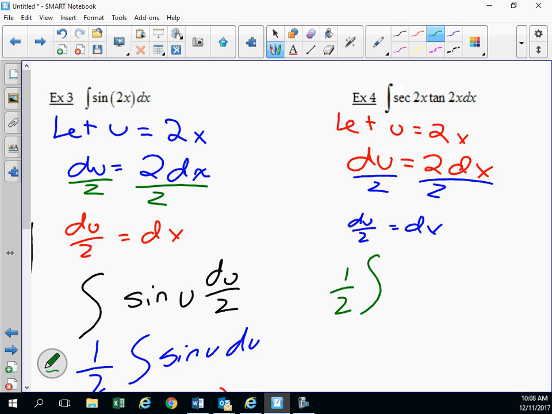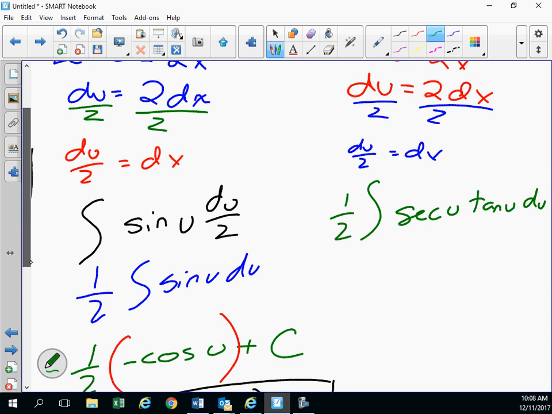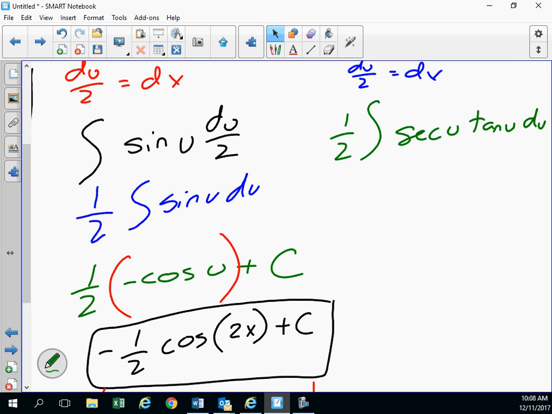So that says 1/2. I'm just pulling that out. Secant u, tangent u. You'll notice that both of these 2x's are replaced with u's. John, can I integrate secant u, tangent u? Into what?